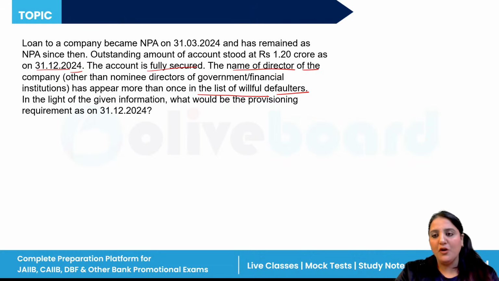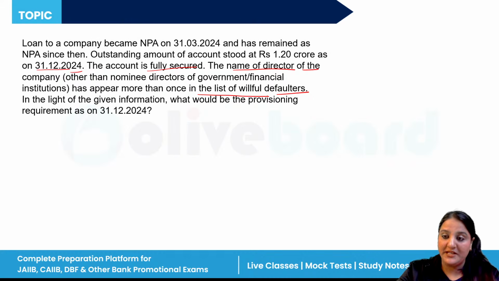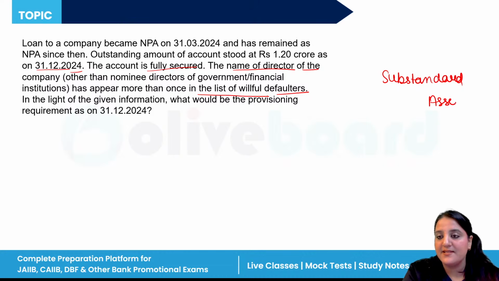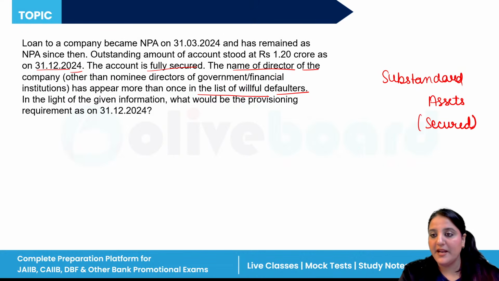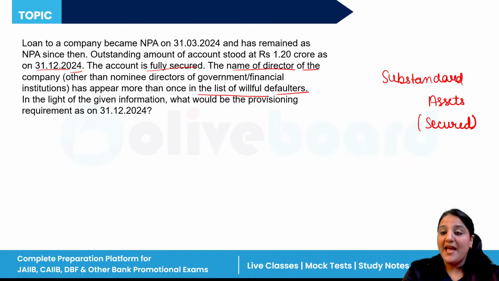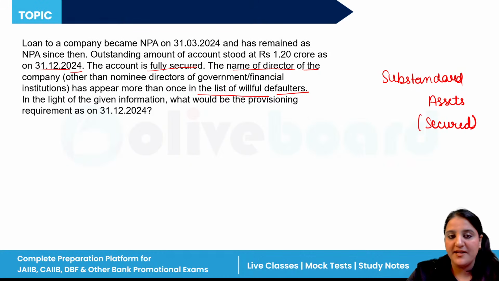See, the account became NPA on 31st of March 2024, and provisioning is as on 31st of December 2024. So 9 months as a substandard asset. Substandard assets are secured ones. Here, accelerated provisioning up to 6 months is 15%, there is no change.